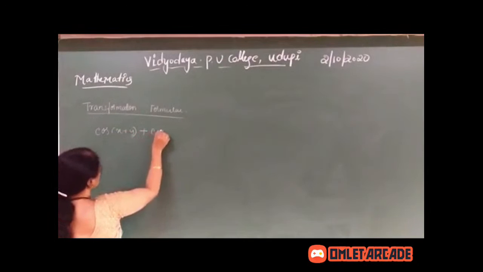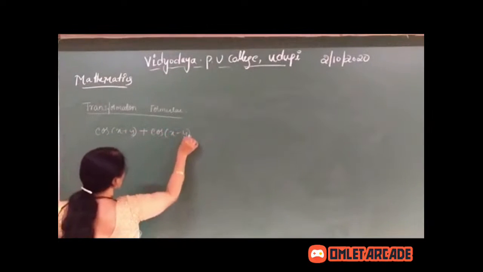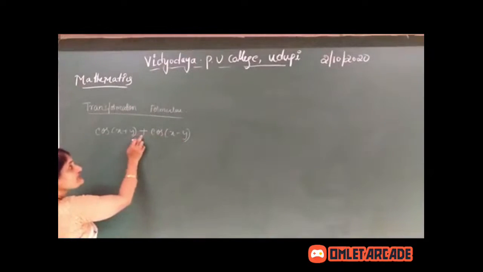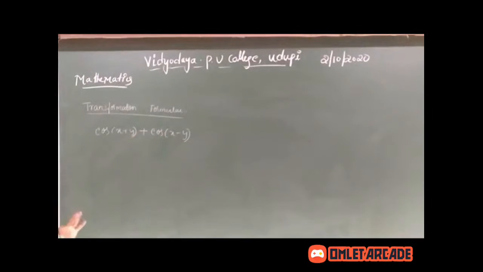Suppose I add this with cos of x minus y, what am I going to get? Cos of x plus y and cos of x minus y, when I add them, I get a product.